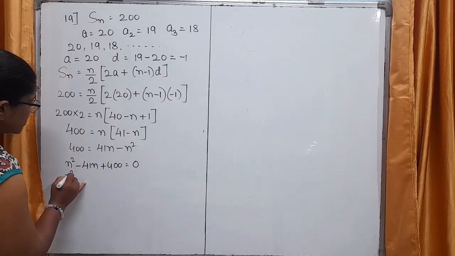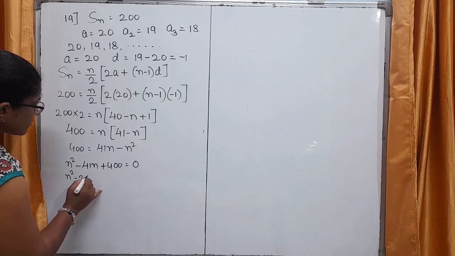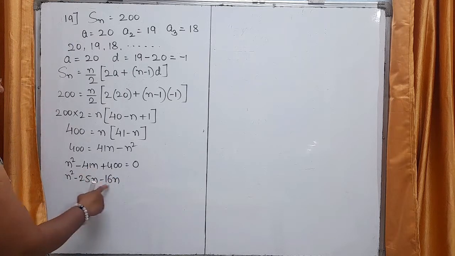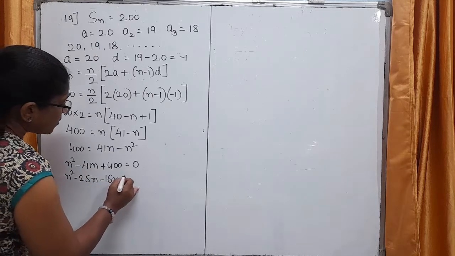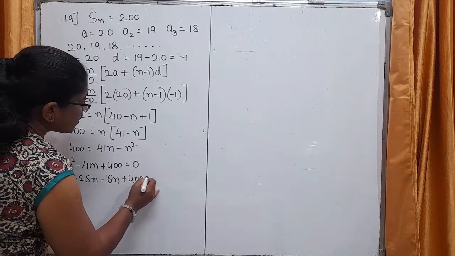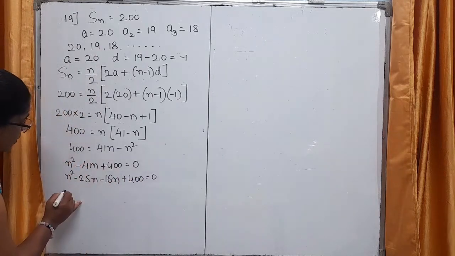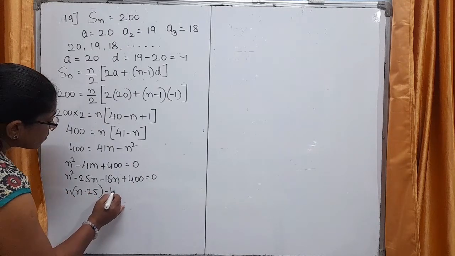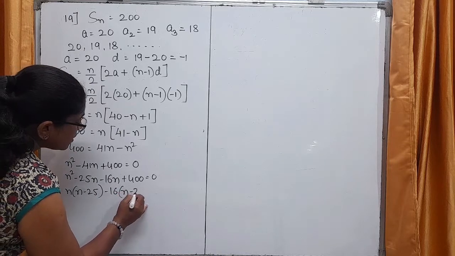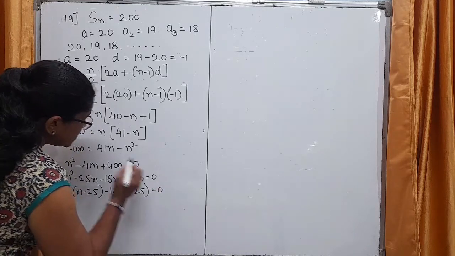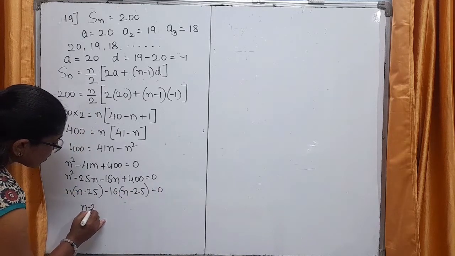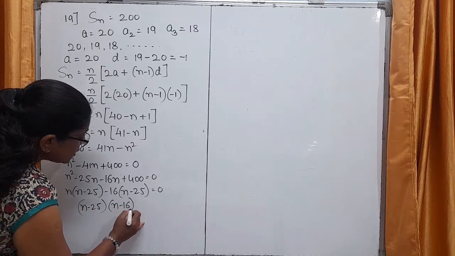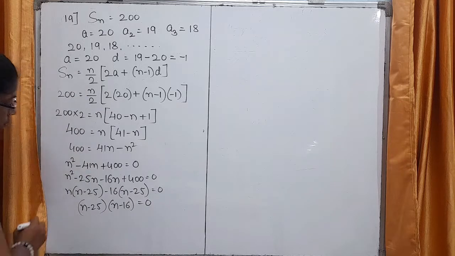So let us split this 41n as 25n and 16n. n square minus 25n minus 16n plus 400 is equal to 0. n into n minus 25, minus 16 into n minus 25 is equal to 0. So n minus 25, n minus 16 is equal to 0.